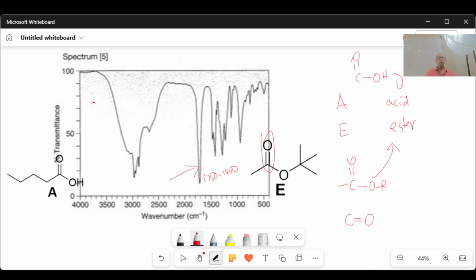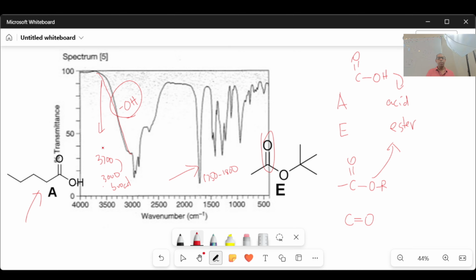Rather, there is a very good clear peak that you see, a very broad peak here starting from 1700 up to 3000. It is very broad. We call this a broad signal. That is always a hydrogen-bonded OH stretching. So that belongs to an acid, whereas you don't have it in the ester group.